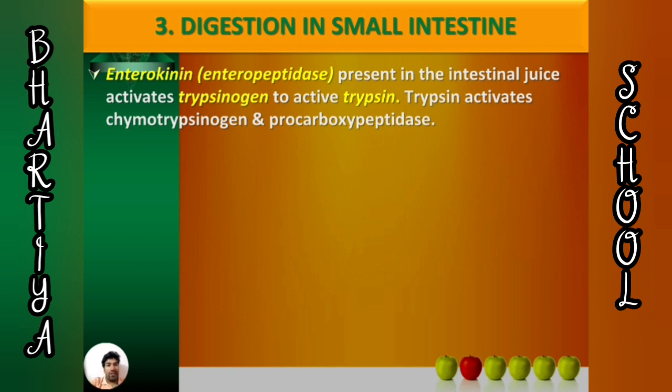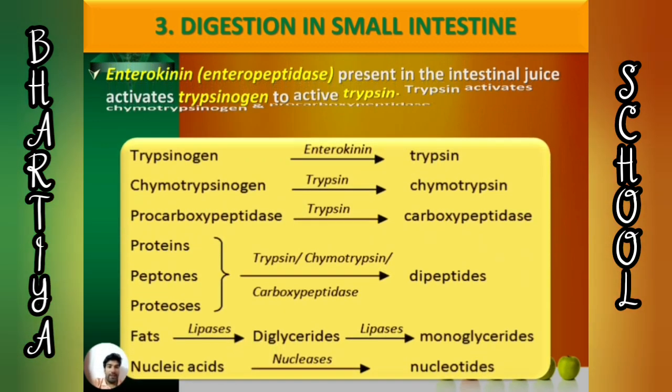Next, enterokinase enzyme that is present in the succus entericus, intestinal juice, activates the enzyme trypsinogen. Trypsinogen is the inactive form and trypsin is its active form. So first of all, enterokinase activates the protein digestive enzyme trypsinogen, which is present in our pancreatic juice, and trypsin further activates chymotrypsinogen and procarboxypeptidases.